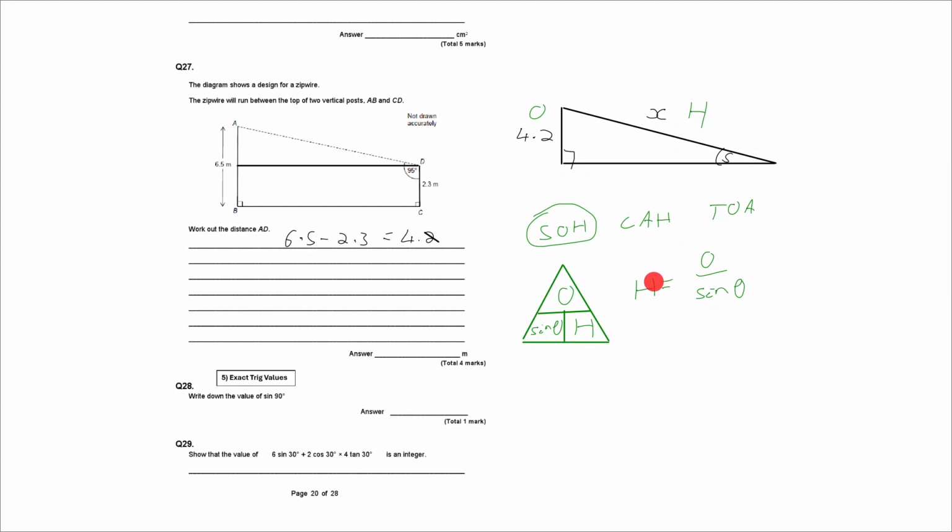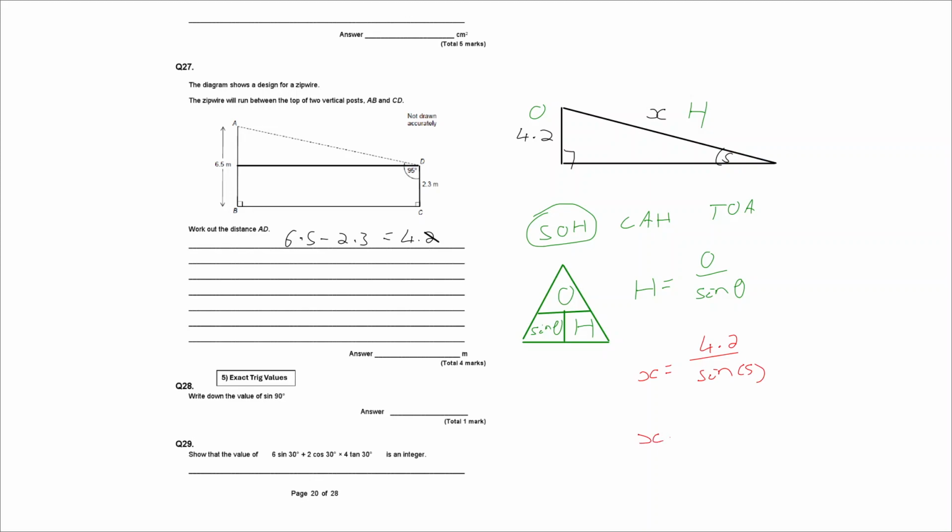And now we can put in our values because H is equal to X, that's our missing thing. So X is equal to O, which is 4.2, divided by sin of the angle theta. And the angle here is equal to 5, so sine of 5.